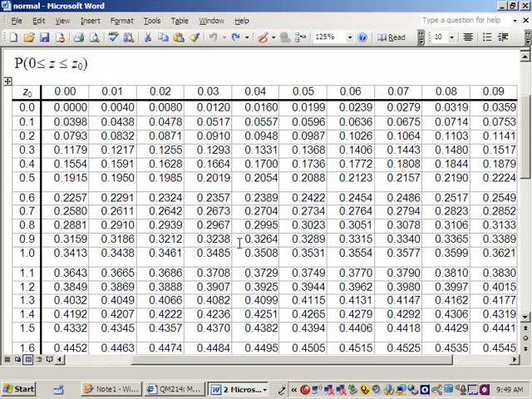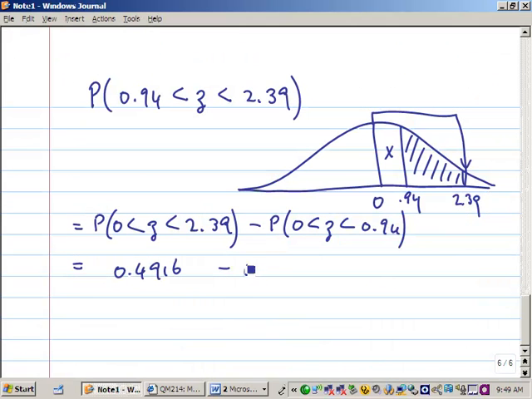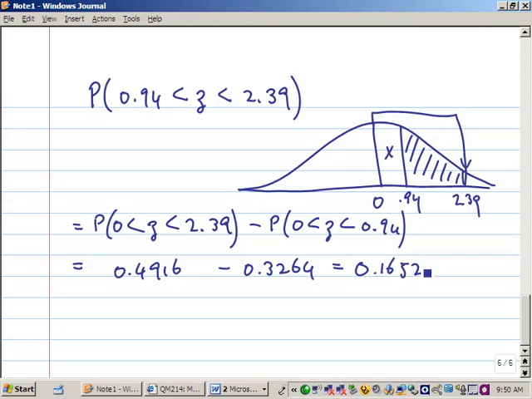Alright, 0.94. That value there, 0.3264. And my calculations show that that's 0.1652.